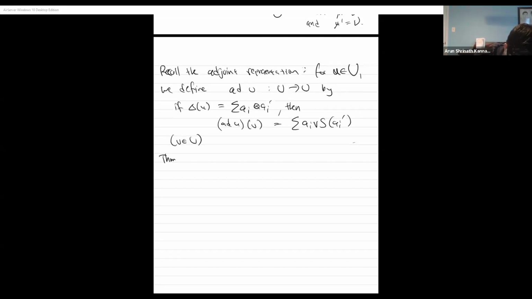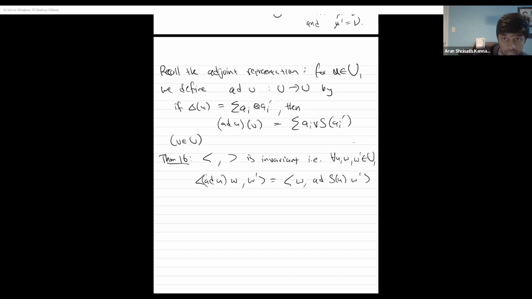Theorem 16: the form is invariant, i.e. for all u and w prime in U, ad u applied to w paired with w prime is equal to w paired with ad S of u applied to w prime.